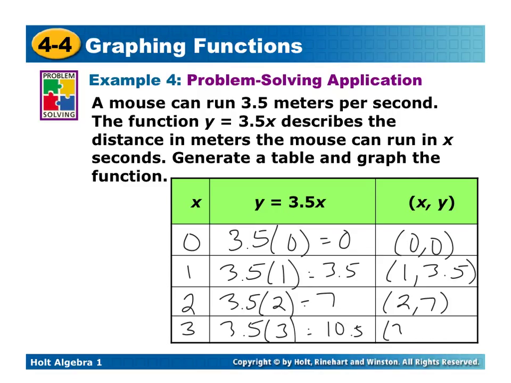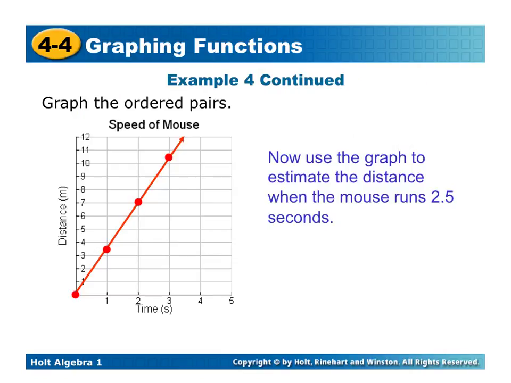So our last ordered pair would be 3, 10.5. Now here we have already graphed, and you notice there's a line, but at this end, at 0, 0, there is not an arrow on that end because negative values, we said, don't exist in this situation, so our graph actually stops there.